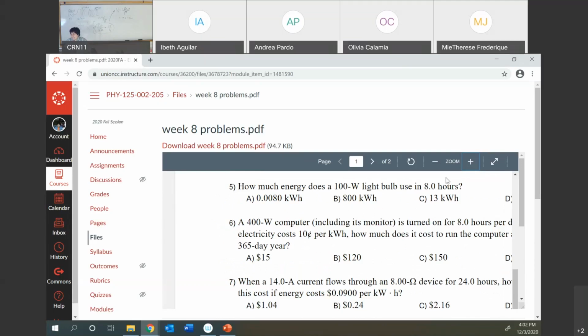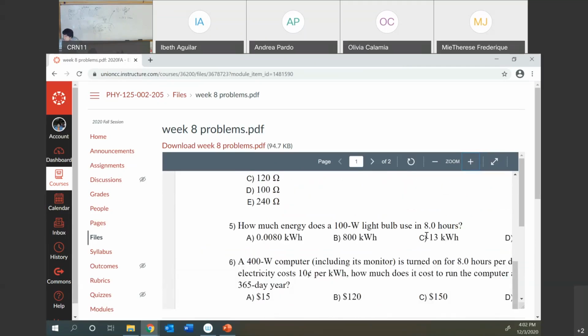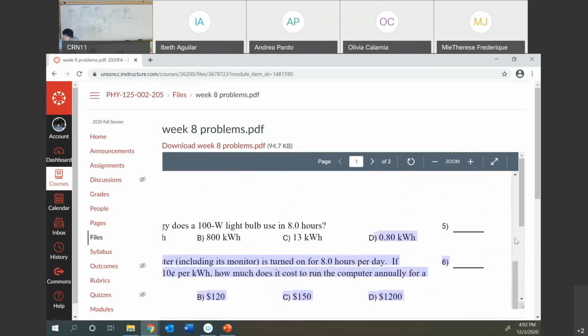Now, technically speaking, you should change hours to seconds. But if you look at the answer, they are all kilowatt hours. So, 8 times 100 is 800 watts hour. But you want kilowatt hour. So what do you do? You divide by 1,000, right?